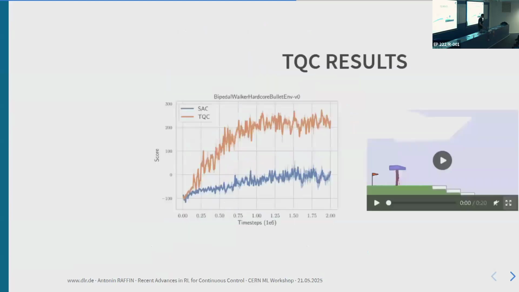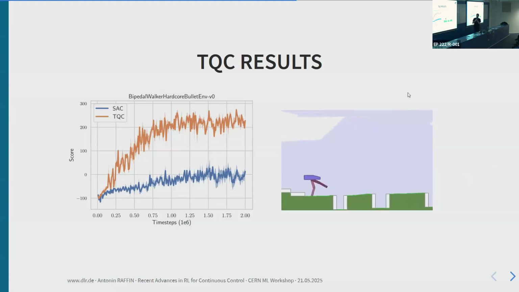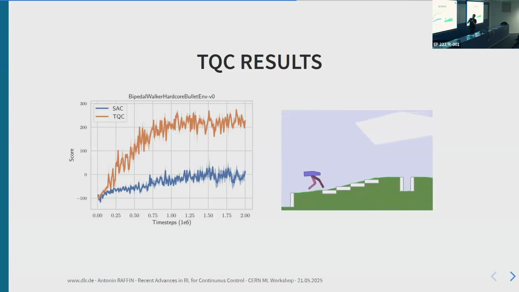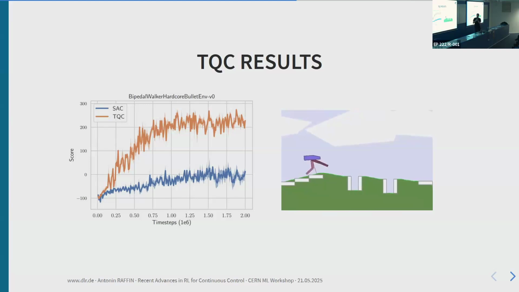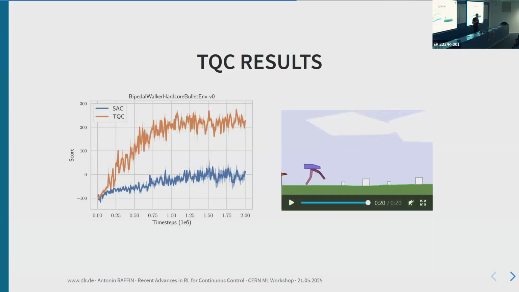In terms of results, it's very similar to SAC, but on some harder environments, it tends to actually be better. It costs a little bit of training time. On harder environments, where you have to overcome some obstacles, SAC will be very hard to train or needs very tuned hyperparameters, whereas TQC will handle it pretty nicely. So TQC improves on sample efficiency and sometimes also on performance.